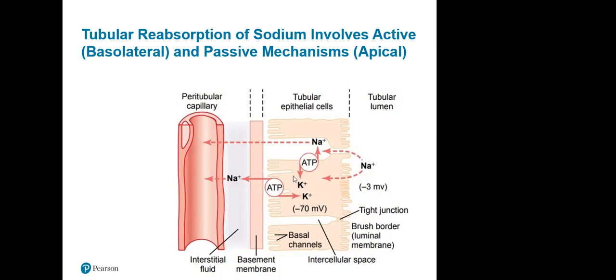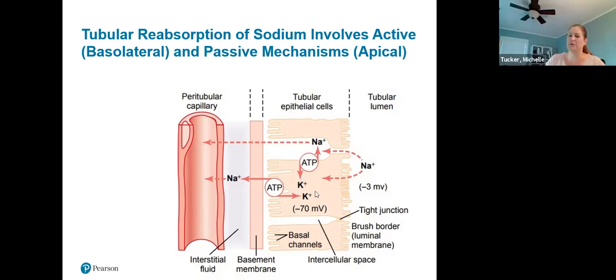If we're removing it from the cell, it's going to get lower intracellularly. This creates a gradient for sodium to follow. So we pump it out to create a low intracellular sodium so that sodium will follow its concentration gradient and move into the cell.